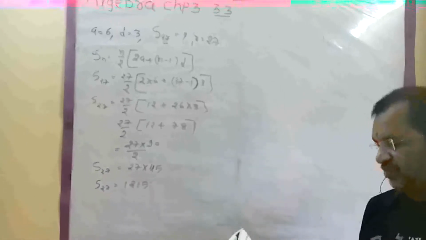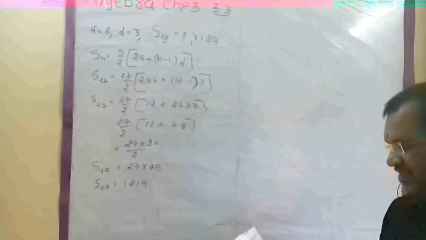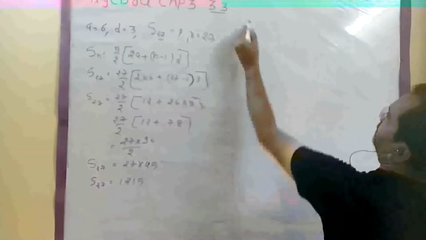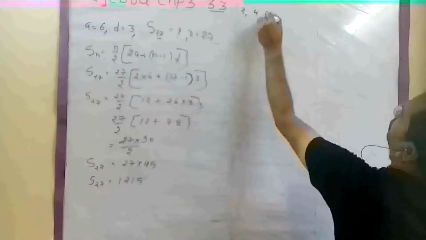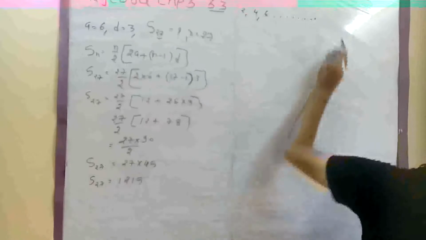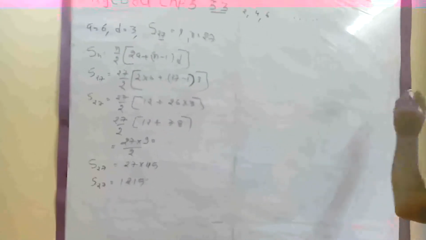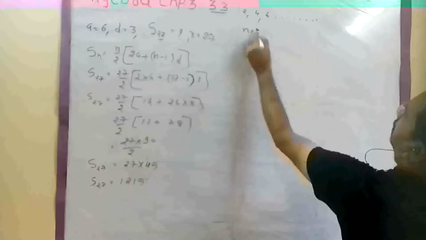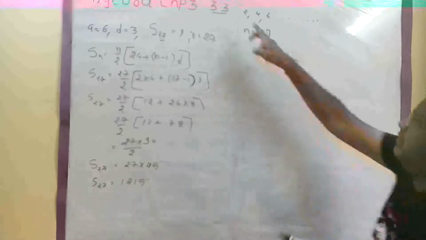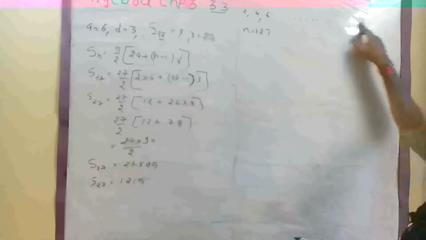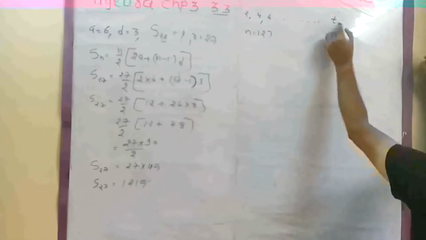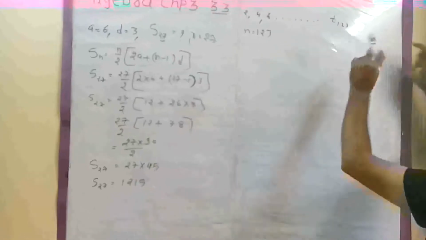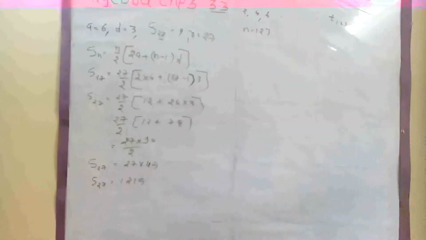Find the sum of the first 123 even natural numbers. Even and natural: 2, 4, 6, up to the 123rd natural number. First number, second number, third number, up to T123. That is given, and we have to find the sum.